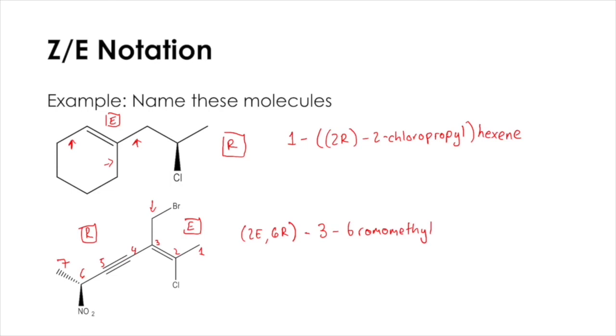Then we have 2 chloro, followed by 6 nitro. And then the root is hept for the 7 carbons. Now the double bond is on carbon 2, ene. And then the triple bond is on carbon 4, yne. And so that is the full name of that big molecule.